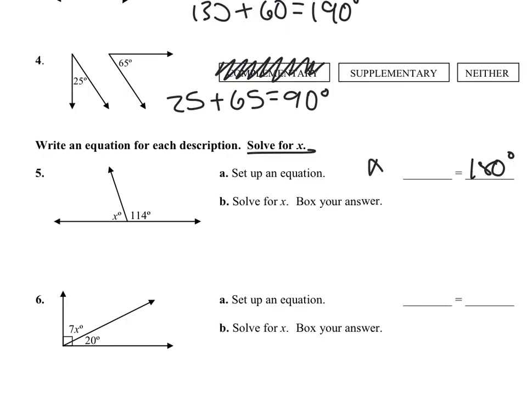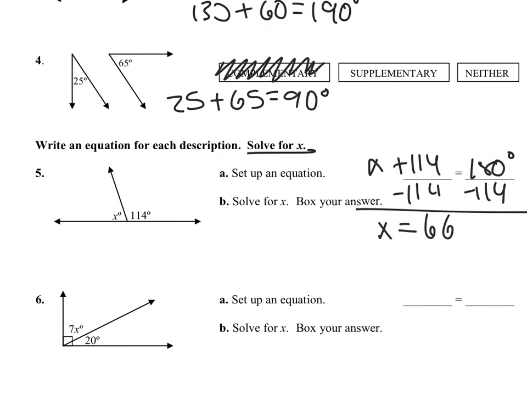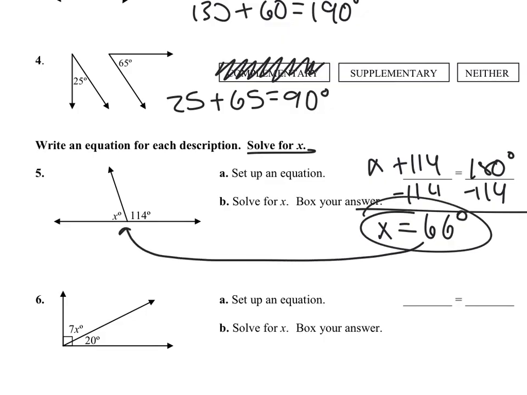So we've got x plus 114 equals 180. To solve for x, we're going to subtract 114 degrees from both sides of the equal sign, so I get x equals 66. And it just so happens that this is going to be 66 degrees because x is isolated all by itself. So x is equal to 66 degrees.